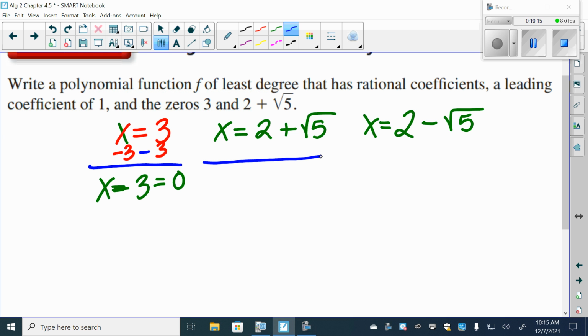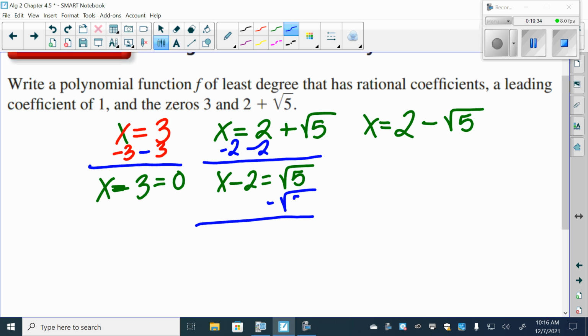Now for the middle one, what can we move first? The 2. So we can subtract 2 from both sides, which tells me x minus 2 is equal to square root of 5. Well, it's not equal to 0.